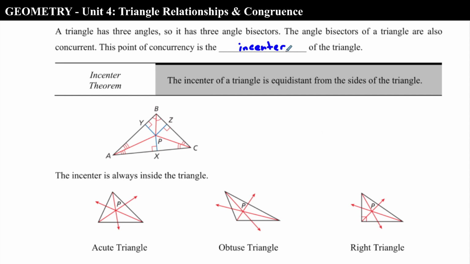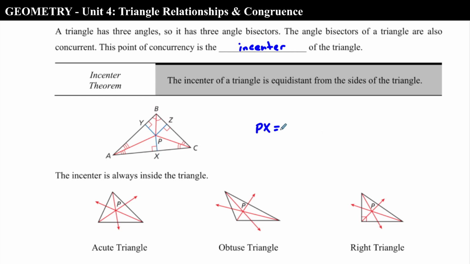And the incenter theorem tells us that if we bisect all 3 of the angles, which we've done here, here, and here, and have them meet at a point, if we draw a line going back to all the sides such that those 3 lines are perpendicular to each of the sides of the triangle, then those 3 segments are going to be the same length.